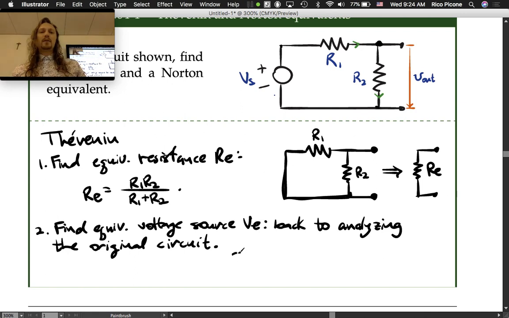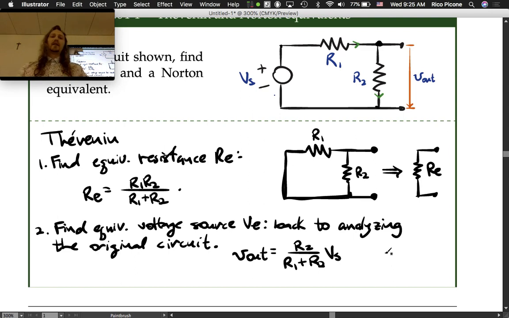We know that V out equals R out. What's our R out in this case? R2. R2 divided by R1 plus R2. Great. And then we multiply that by what? Vs, the input.